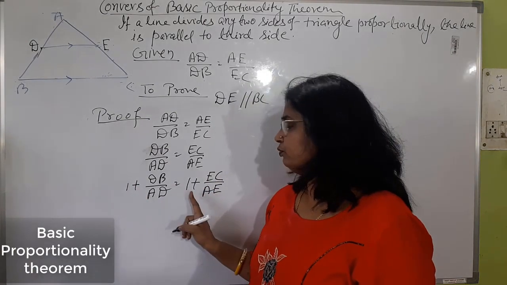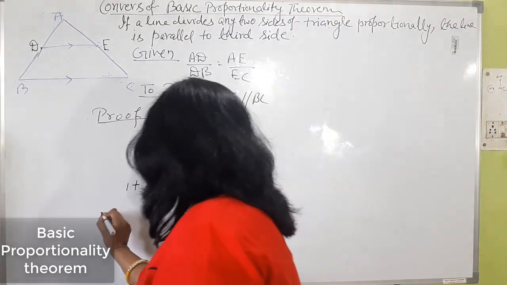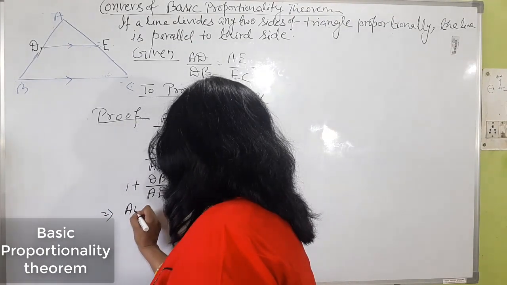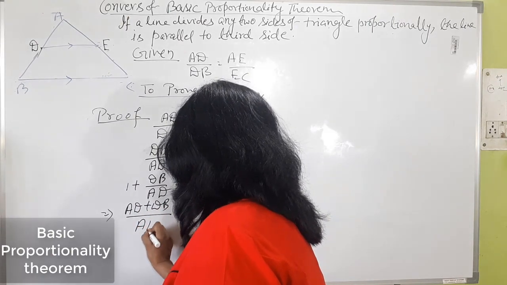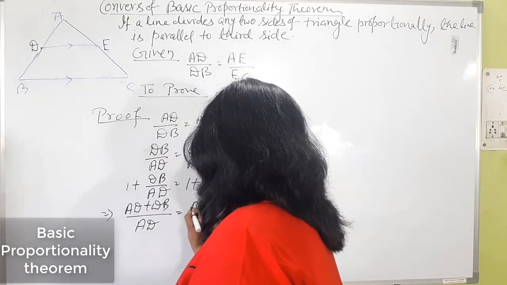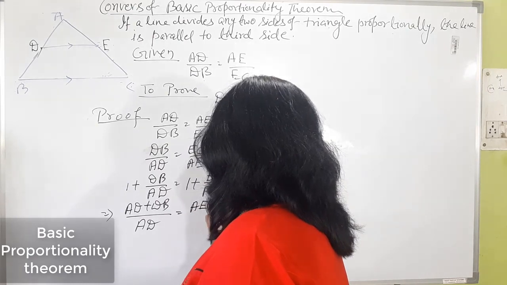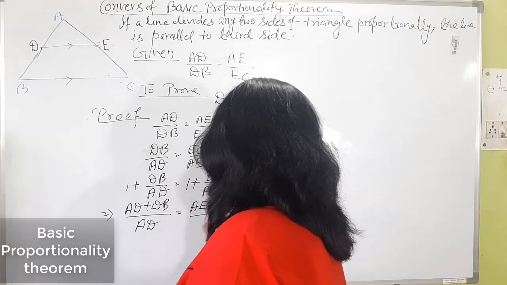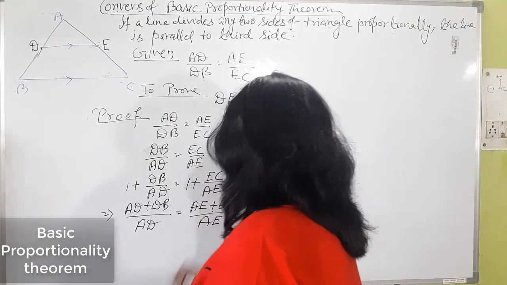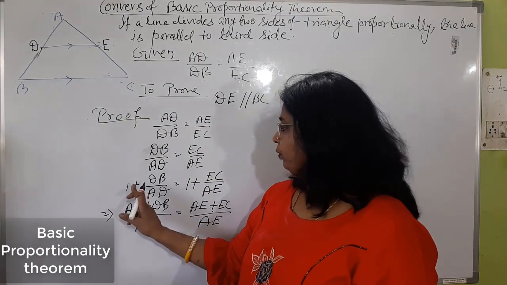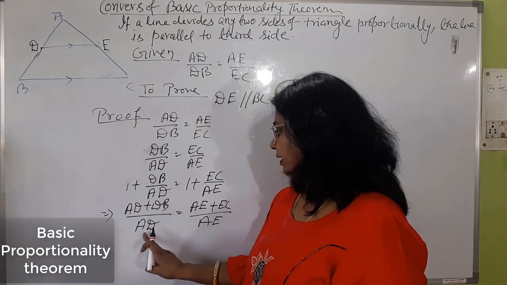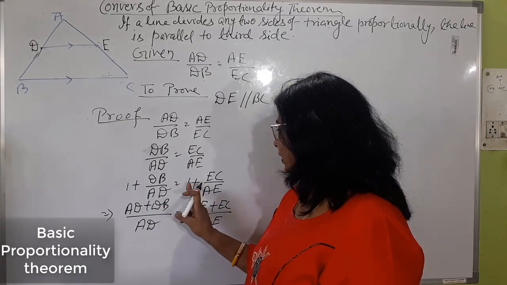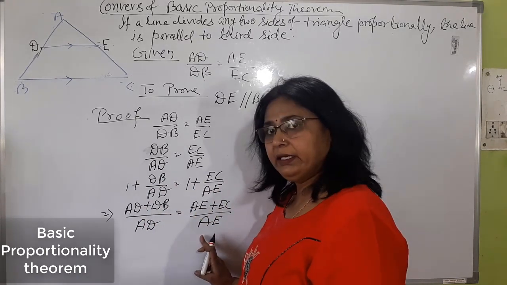Adding 1 to both sides, this implies AD plus DB by AD is equal to AE plus EC by AE.